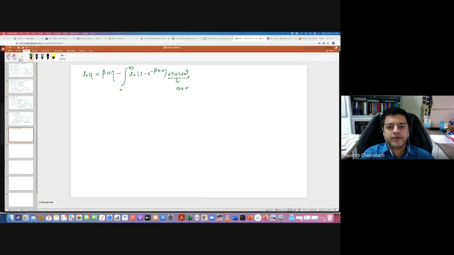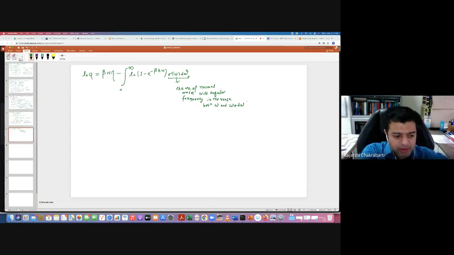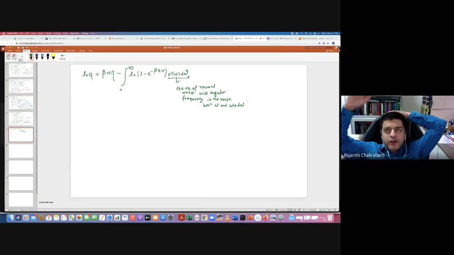Is this clear? Basically I can say that sigma omega d omega is actually the number of normal modes with angular frequency in the range... so the idea is that not all the normal modes are the same; some normal modes have higher frequency, some have lower frequency.